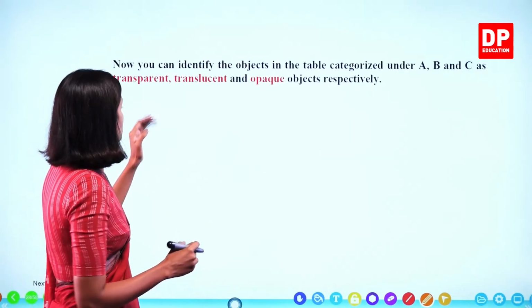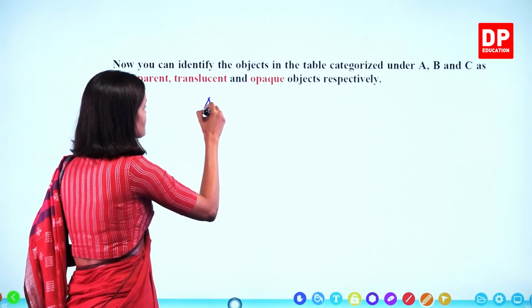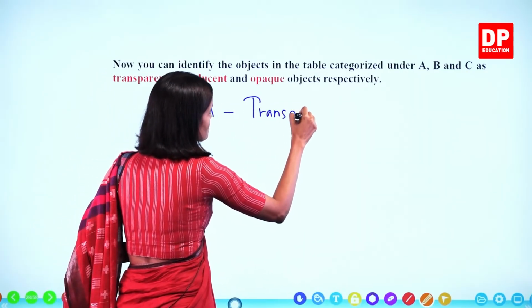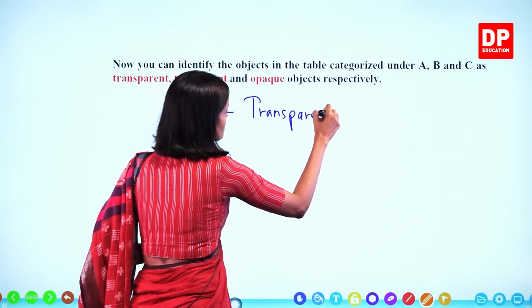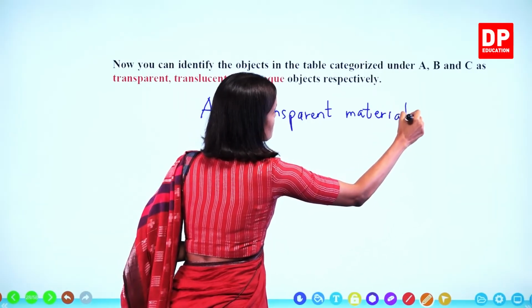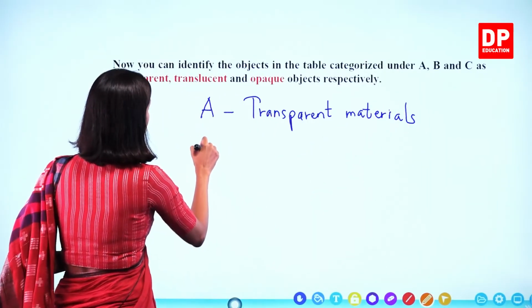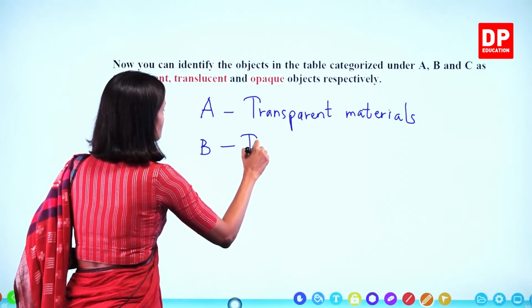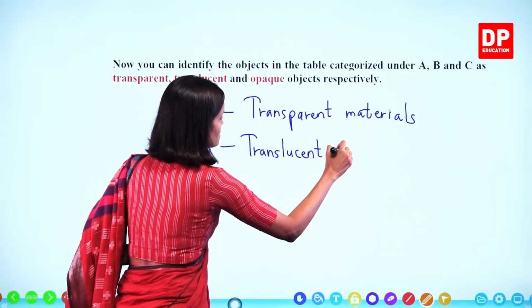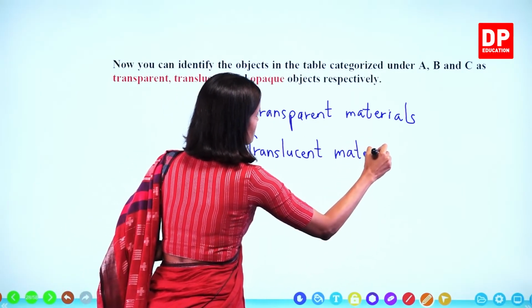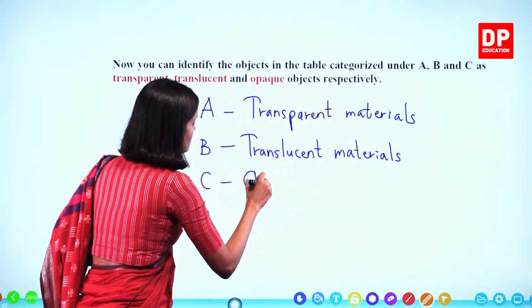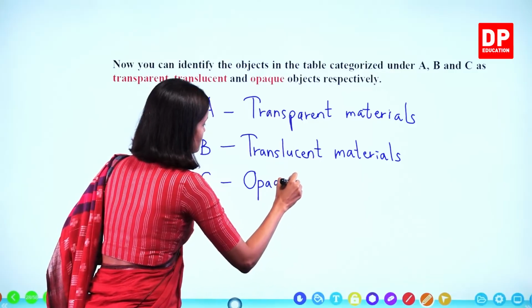A is transparent materials. And B, translucent materials. And finally C, opaque materials.